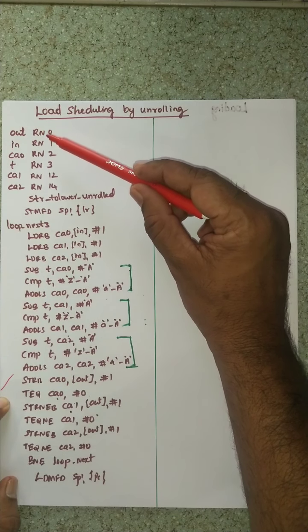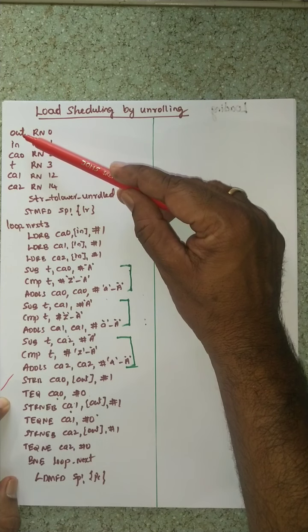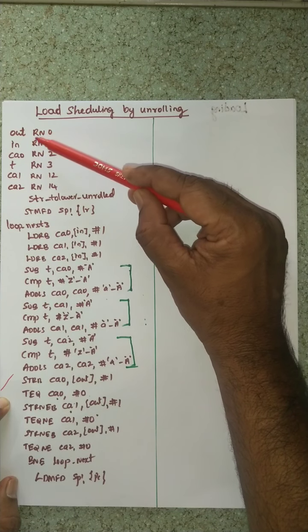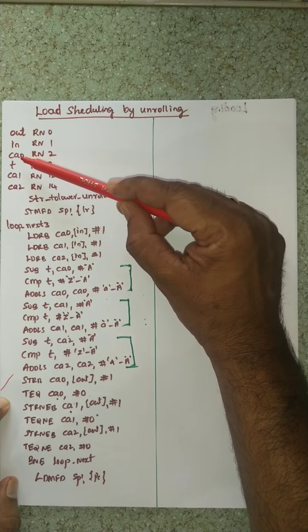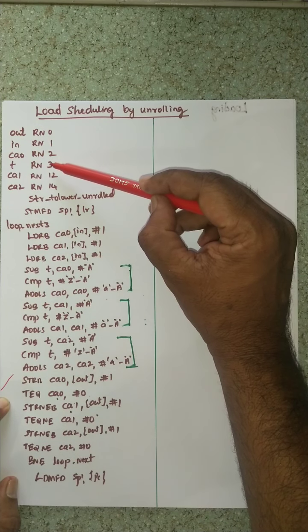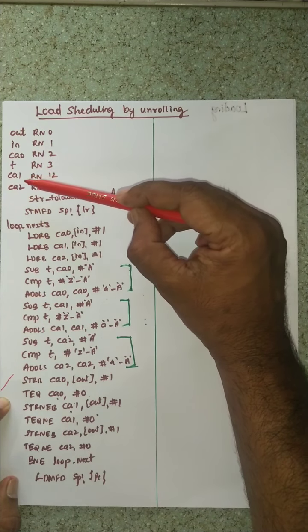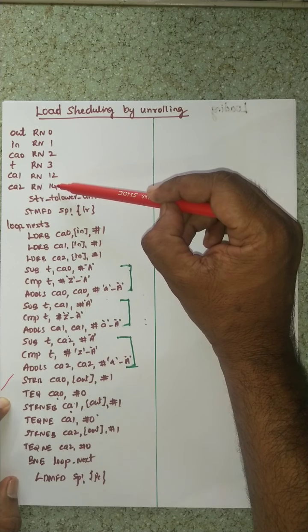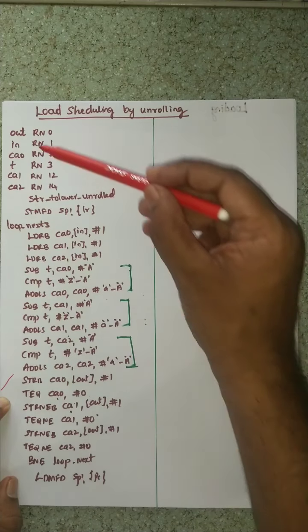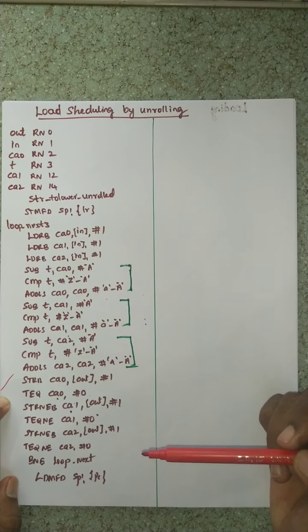Here the register names are assigned as follows: out is register 0, in is register 1, ca0 is register 2, t is register 3, ca1 is register 12, ca2 is register 14.